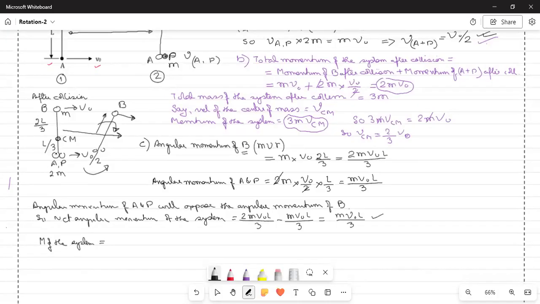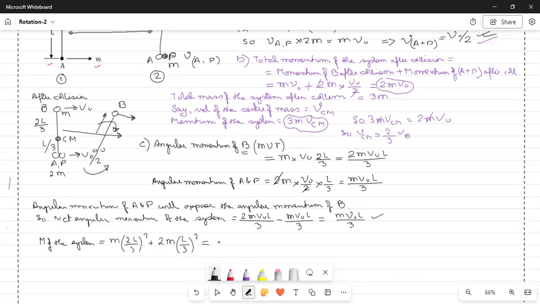So moment of inertia will be just mr square plus mr square. Mass of B is only m, and its distance from the center of mass, that is the center of rotation, is 2L by 3 whole square, plus another mass 2m and its distance is L by 3 whole square.